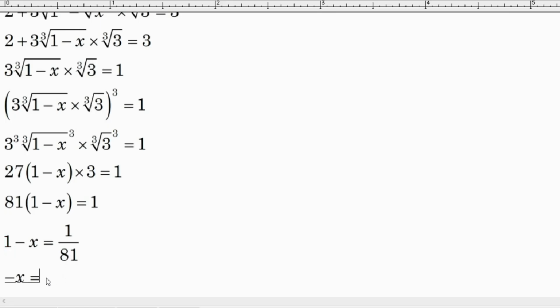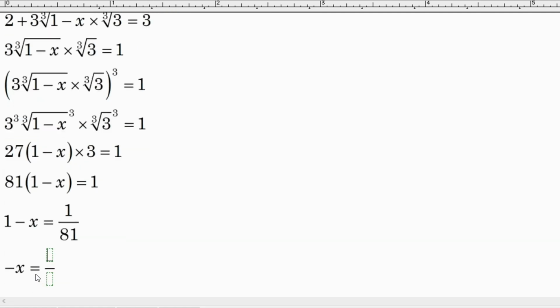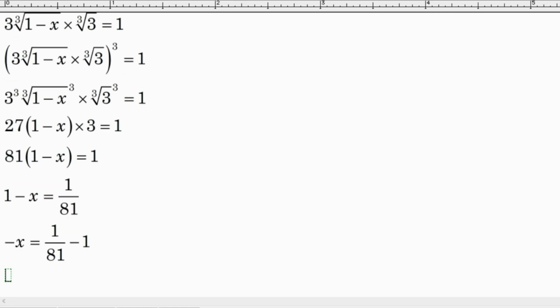So that will be equal to 1 divided by 81, and then minus 1. So minus x equal to, we can calculate this number.